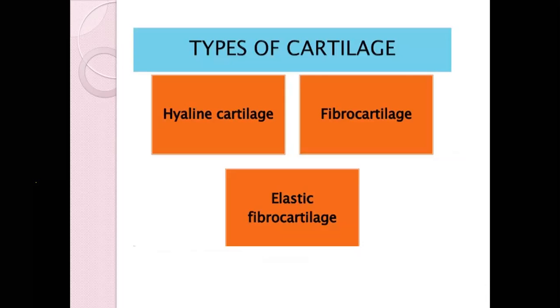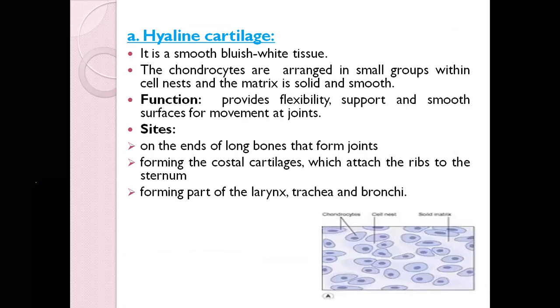Okay, so let's see what these are one by one. The first one is called hyaline cartilage. It is a smooth bluish white tissue, as you can see from the diagram. And the chondrocytes are arranged in very small groups. If you can see from the diagrams, they are in packs of 3, 4, or 5 of them, arranged in that group, like a nest.